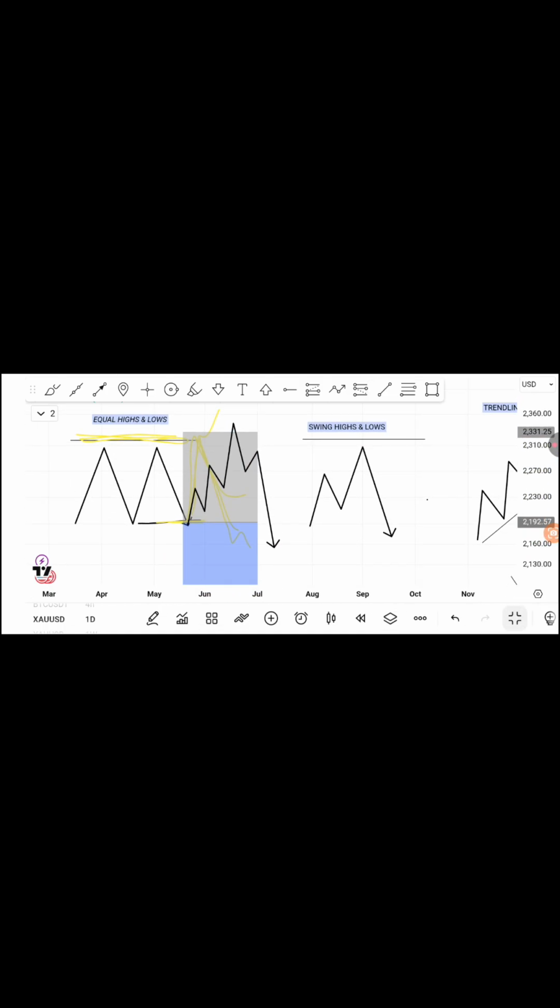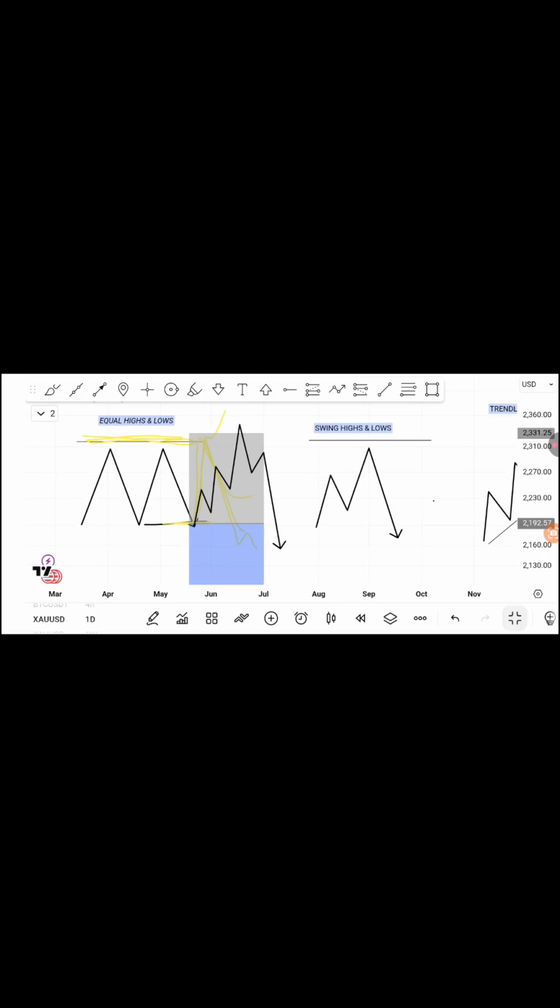So many retail traders see this as support and resistance, but this is not support and resistance, right? This is a double top, or the equal highs. So as I said already, they sell here and place a stop loss above the highs here, they get stopped out, and those that placed their buy orders here also get stopped out, right?